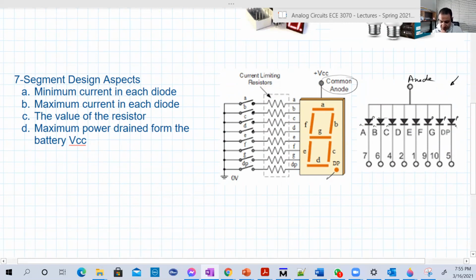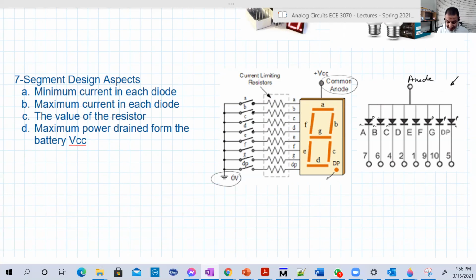If any one of those, for example A, is connected to ground, then there is a path between VCC and ground, so there will be a current, and you will have light out of A. If it's an open circuit, not connected to ground, the current will not flow, so you will not have light out of this LED.